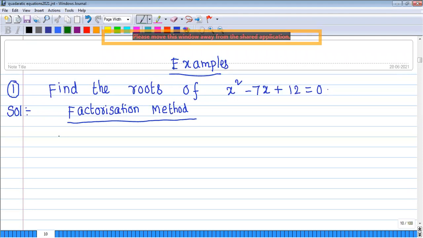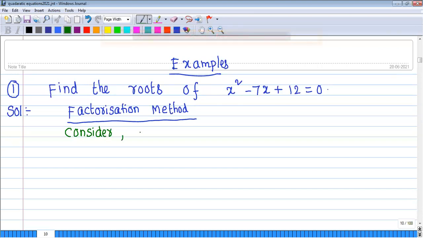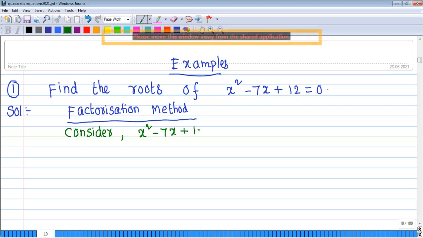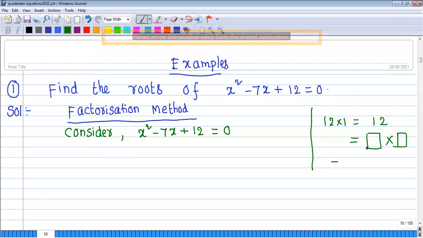See, consider x square minus 7x plus 12 is equal to 0. So now the constant term is 12. The coefficient of x square is 1. That we can write. So 12 into 1 is equal to 12. This 12 we need to write as a product of two numbers such that whose sum is the coefficient of x, that is minus 7.